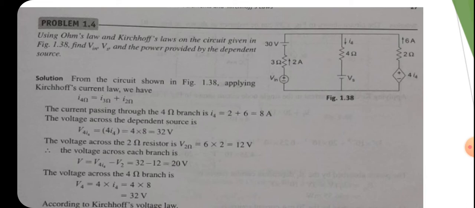That is, the voltage drop across the branch containing the 2 ohm resistor, capital V, will be equal to V4I4 minus V2. V4I4 is the voltage across the dependent source, that is equal to 32 volt, and V2 is the voltage drop across 2 ohm, that is equal to 12 volt. So we will get the value as 20 volt, that is, the voltage across the branch containing 2 ohm is equal to 20 volt.